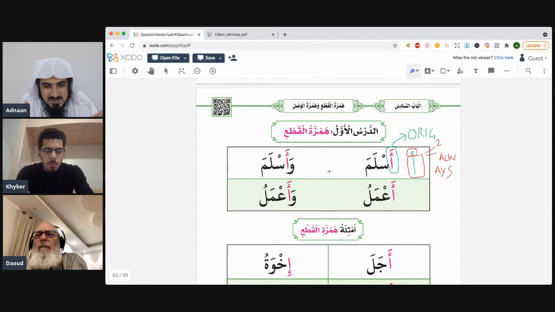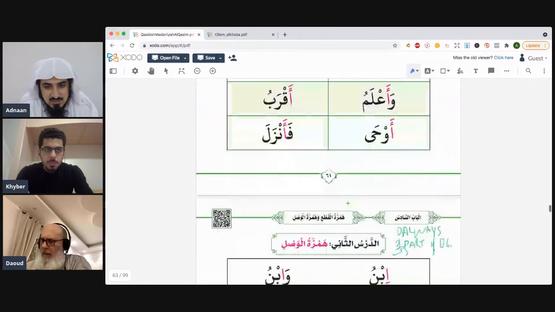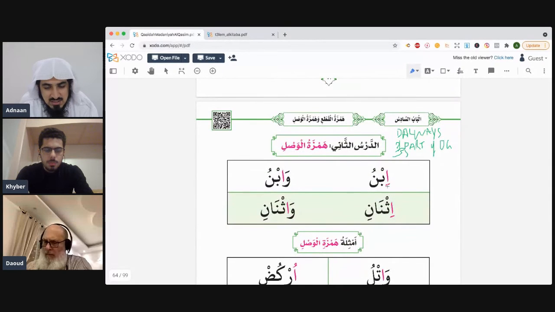And the fact that it's important means we never ever skip it. So Hamzatul Qata', the one with the crown, will always be recited, whether it comes first or second. As for Hamzatul Wasl, at the beginning, we'll always mention it. However, if it comes in the middle, it doesn't have a crown on, so we will skip it. Is that a better way of remembering it? Yes.